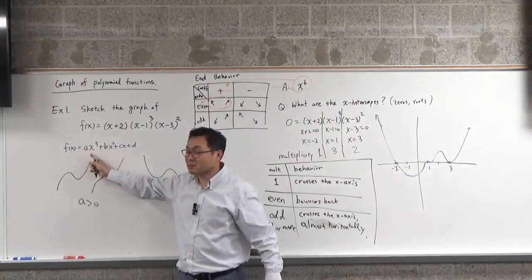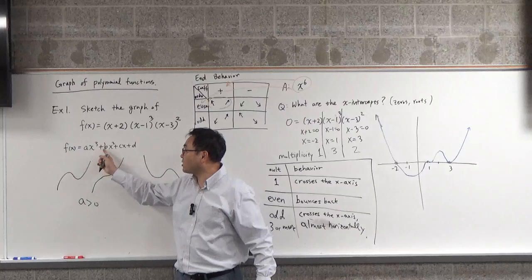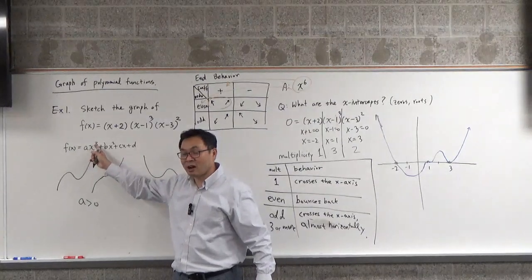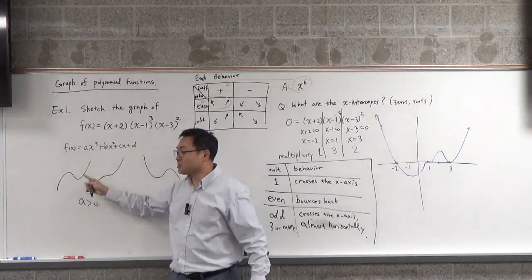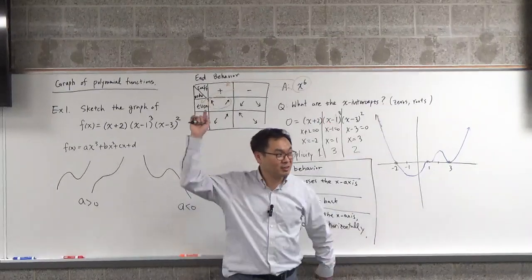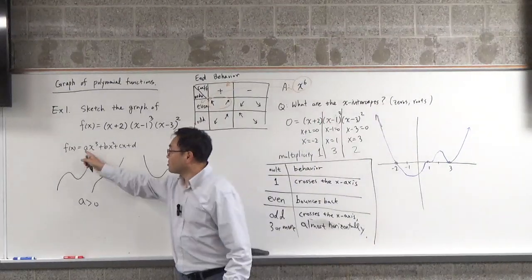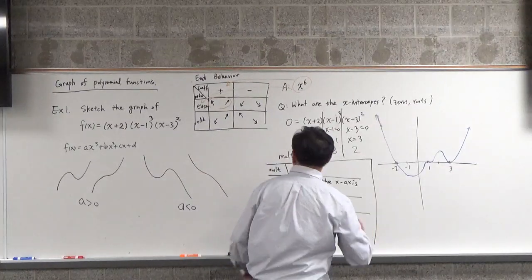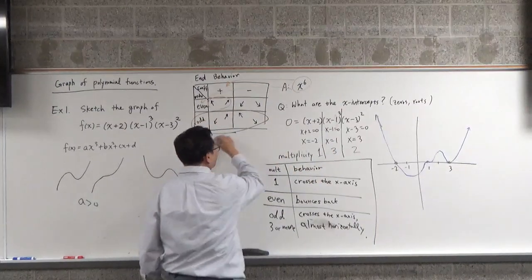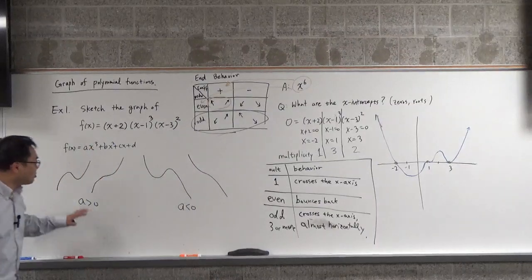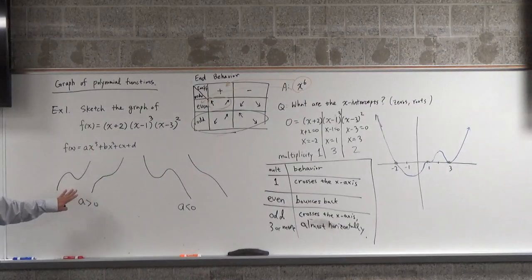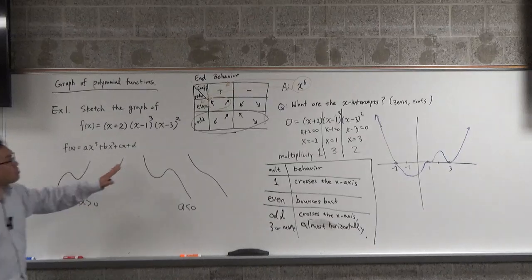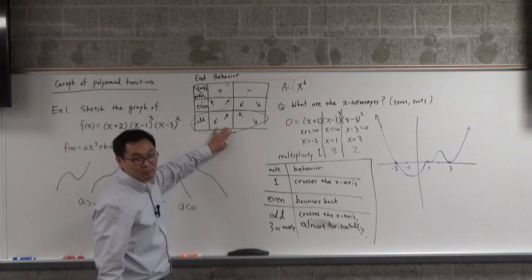So for odd exponents, if the highest order term is an odd number, then you know that the end behavior should be either this or that, depending on whether the leading coefficient is positive or negative. So that immediately explains why this is true. If you remember this example, which you have to know anyways, then you don't have to remember this as a separate rule.